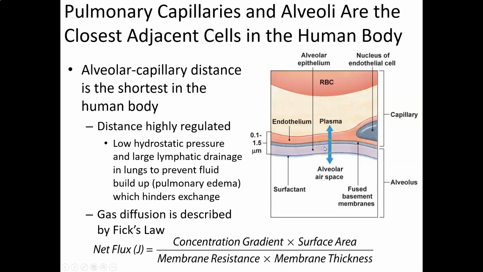And again, that helps to limit the amount of fluid here and prevent pulmonary edema, which would hinder gas exchange. So since the oxygen and CO2, the two gases we're primarily concerned about here, move directly across the membrane, as I mentioned before, Fick's law will play a role in determining that.